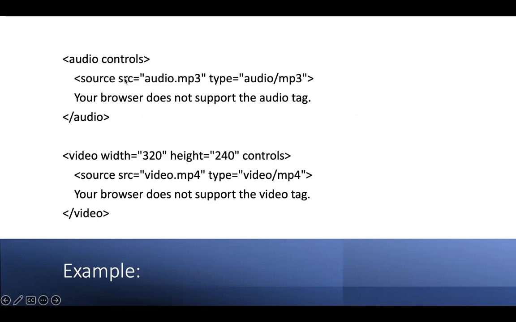For this, we need to give the src where we have the mp3, and the type audio/mp3, or else you can give wav or any audio which you have. Or else it will show this message. And the next thing, for the video, you need to give the width and the height, and like in the audio, you need to give the source and the type. Okay.